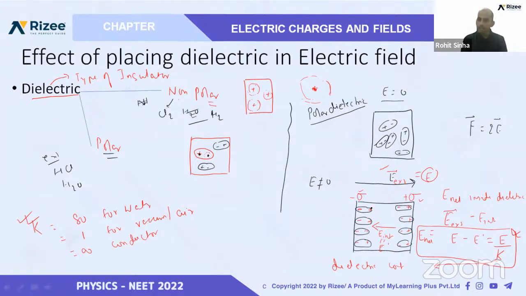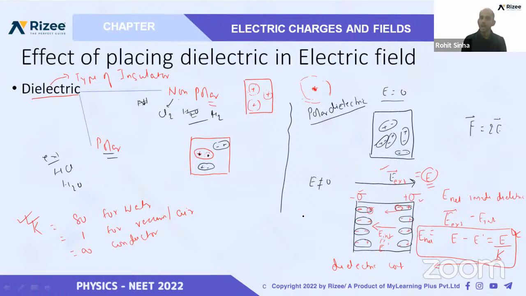This positive charge, although attached in the molecule, tries to go to the other side, and this negative charge, although attached in the molecule, tries to go to the other side. But if this electric field is increased by a high amount, this negative charge will get detached from the molecule, and this positive charge will get detached from the molecule. The positive will go to the right side and the negative charge will go to the left side.